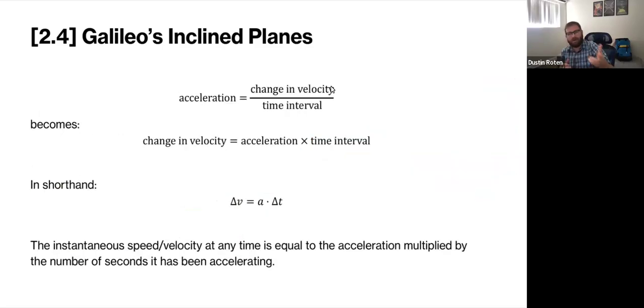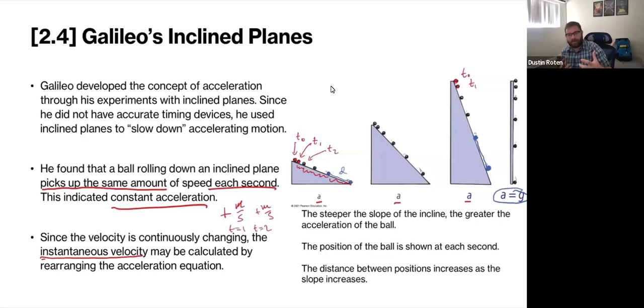So getting back here to calculating the instantaneous velocity, because clearly, whatever the velocity is here is not the same as what the velocity is later on, because it's increasing, it's going down a ramp.